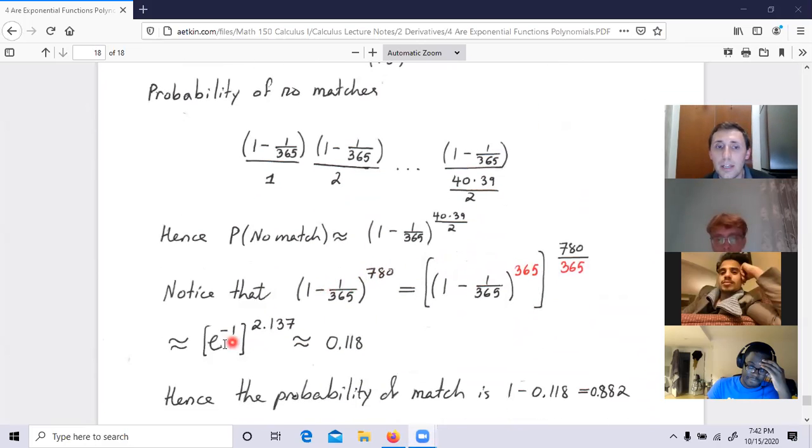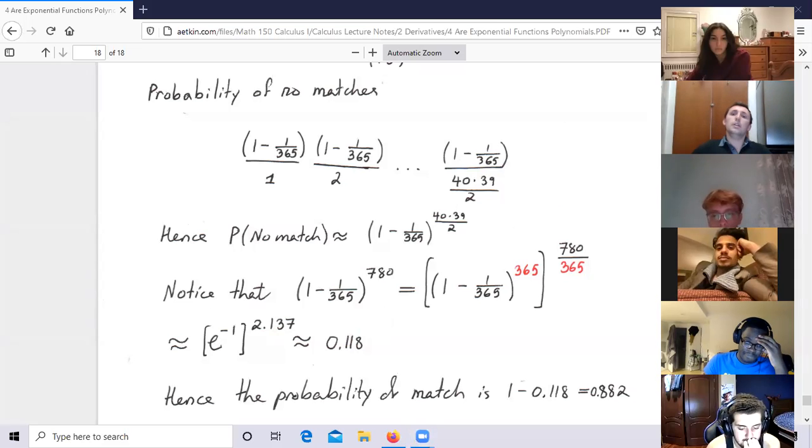I knew the probability that none of you would share a birthday would be approximately e to the power of -2.137, or 11 to 12%. If enough people replied, the likelihood that you share a birthday once you have 23 people or more is at least 50%. You understand?